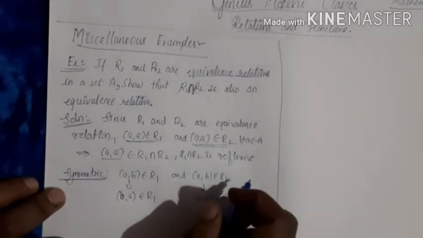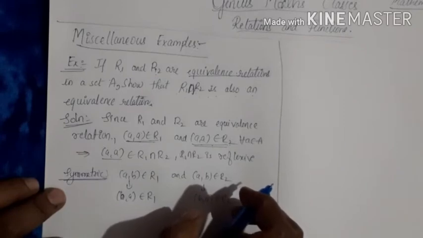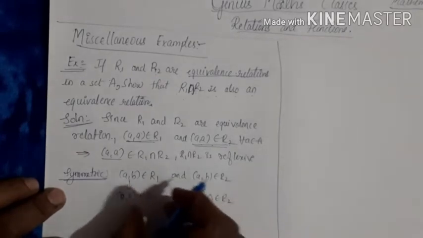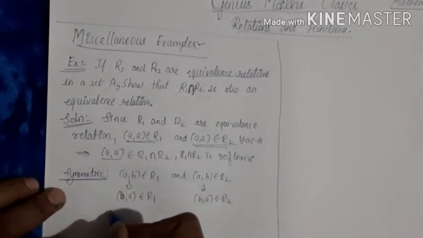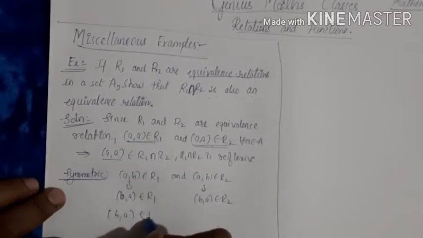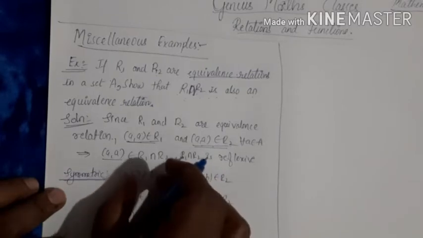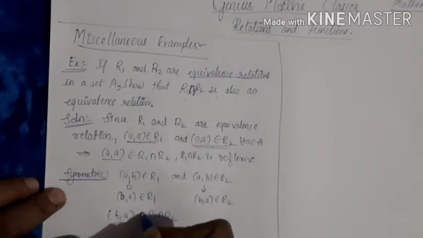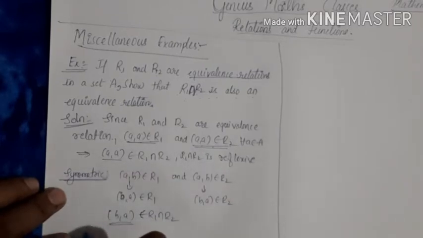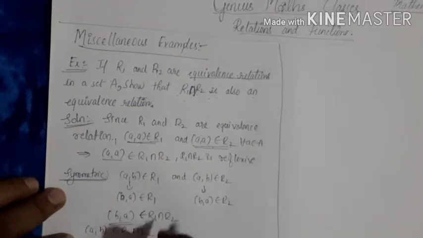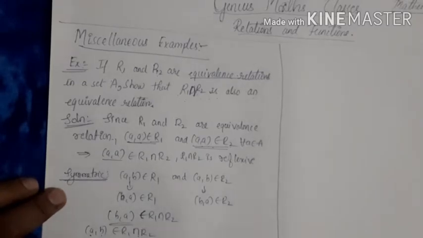So by the intersection of these two properties, (b, a) also belongs to R1 intersection R2. This implies that (a, b) belongs to R1 intersection R2. So (a, b) belongs to R1 intersection R2 and (b, a) also belongs to R1 intersection R2. This is a symmetric property.